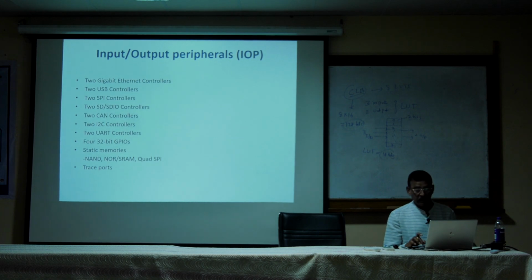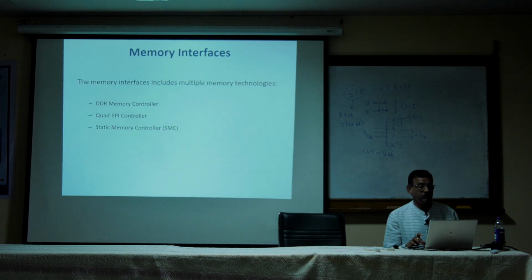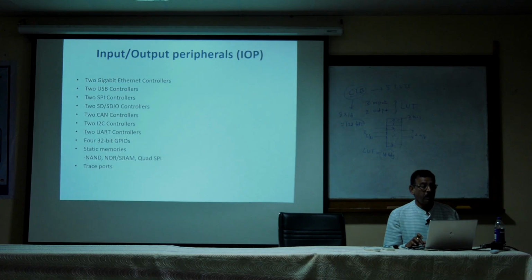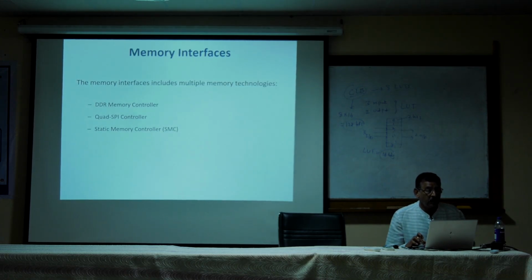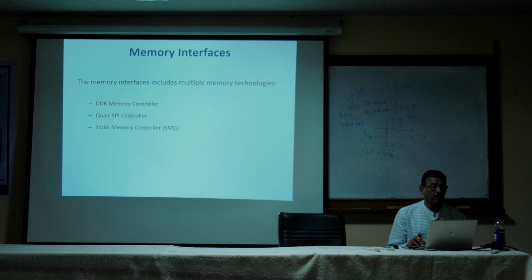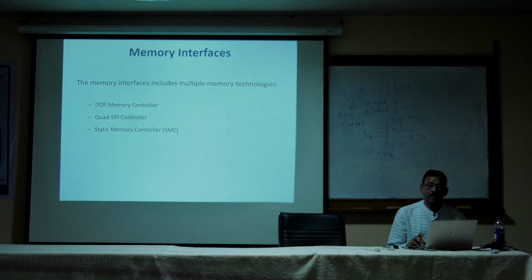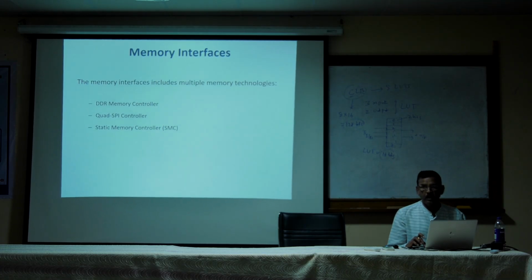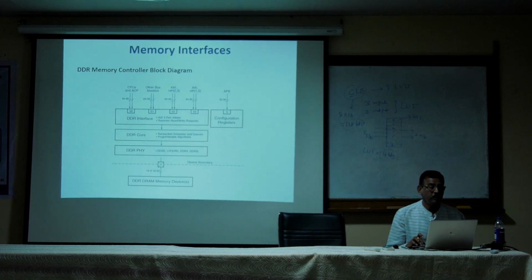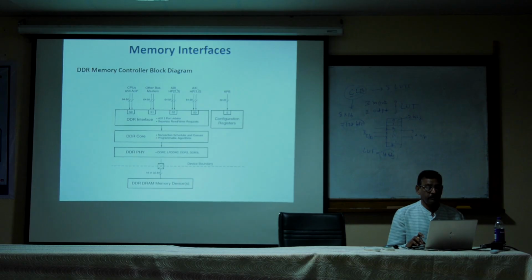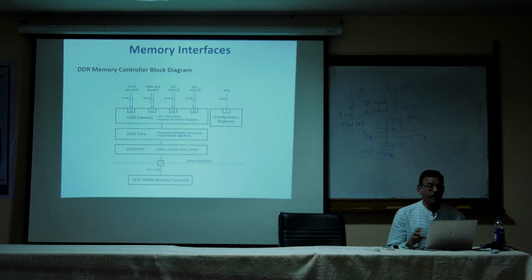These are all features of the IO peripheral interfaces. As far as memory is concerned, there are the DDR memory controller, quad SPI controller, and static memory controller. These three memory controllers are present inside. This is the DDR memory controller block diagram, for external DDR memory interfacing.